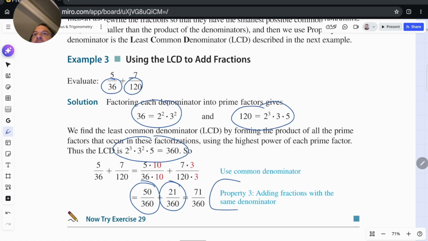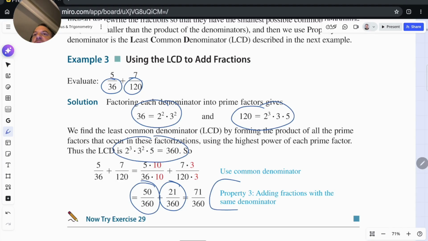which is equal to 4 times 9, or 2 squared times 3 squared. Then we move on to our prime factorization of 120, which equals 8 times 15, or 2 cubed times 3 times 5. Then we find that least common denominator from the prime factorizations by taking the highest power of each prime that appears: 2 cubed, 3 squared, and 5. So our least common denominator is 8 times 9 times 5, or 360.